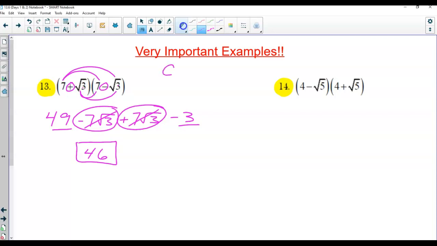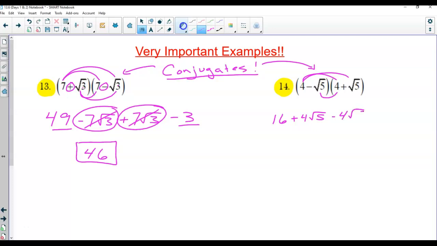These are called conjugates. Same numbers, opposite sign. And when I multiply conjugates, special things happen. 4 times 4 is 16. 4 times square root of 5 is plus 4 square root of 5. Negative square root of 5 times 4 gives me minus 4 square root of 5.